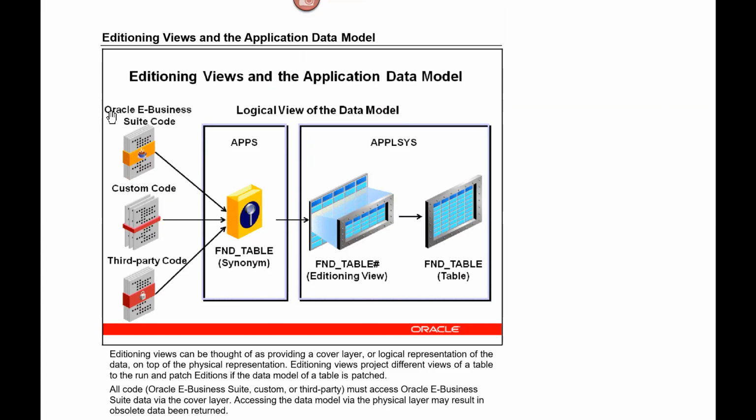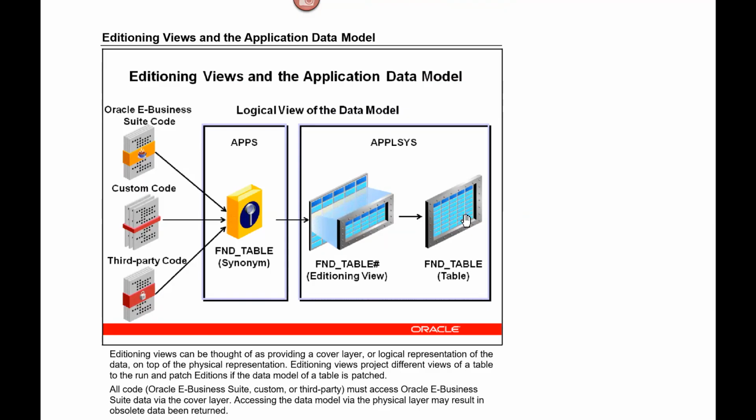Suppose here we have the Oracle E-Business Suite code, custom code and third-party code, and here is the FND table. This is the logical view of the table. The original table is the FND table in the APPS schema, and there is a sort of view, an editioning view.